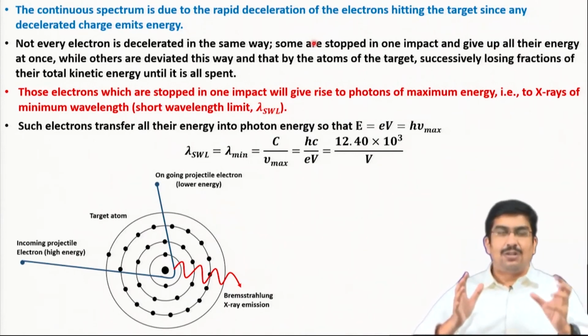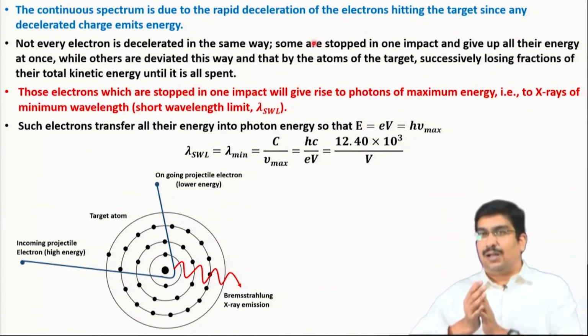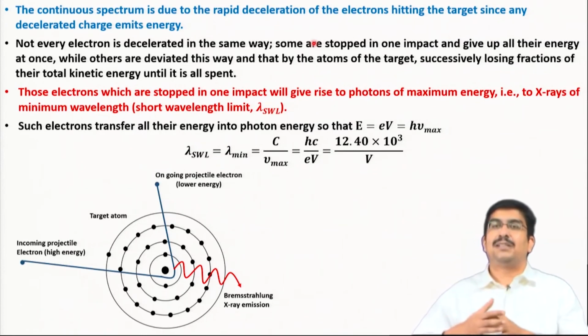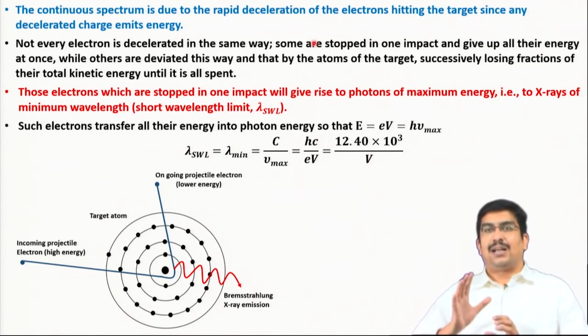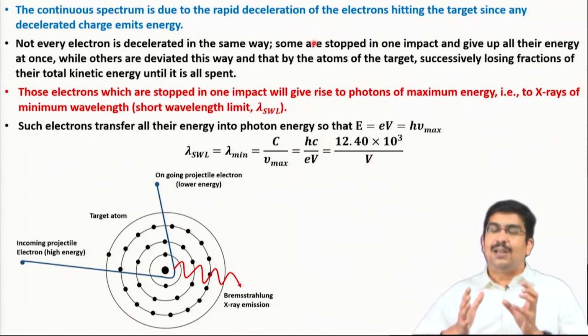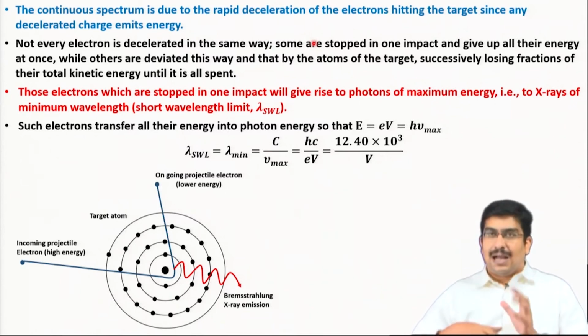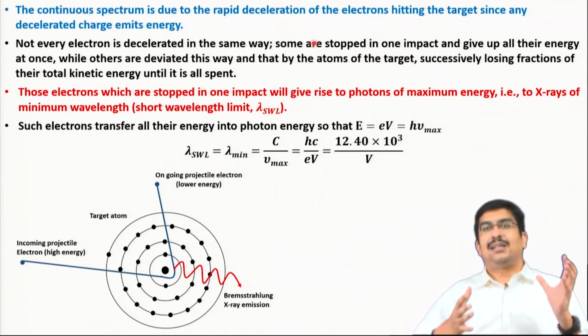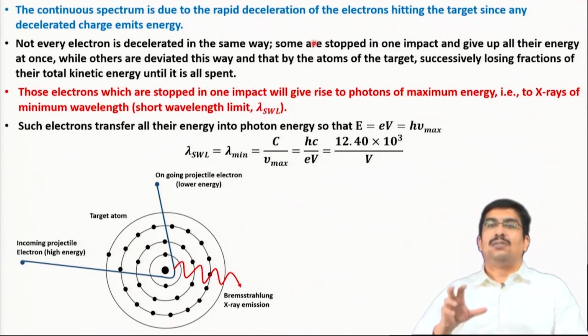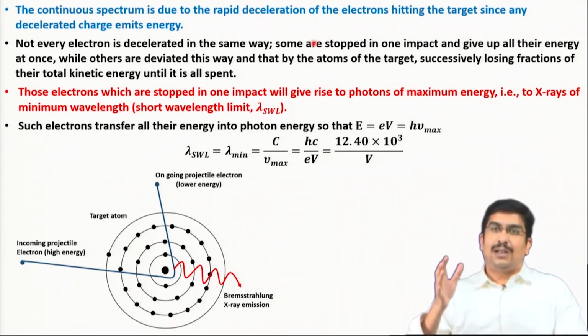The accelerated electron hits the target, which means it hits the target metal atoms. If it stops in one impact, it gives all its energy at once. Some other phenomena we can also imagine: the accelerated electrons will be scattered. It will not transfer all its energy to the metal anode atom.